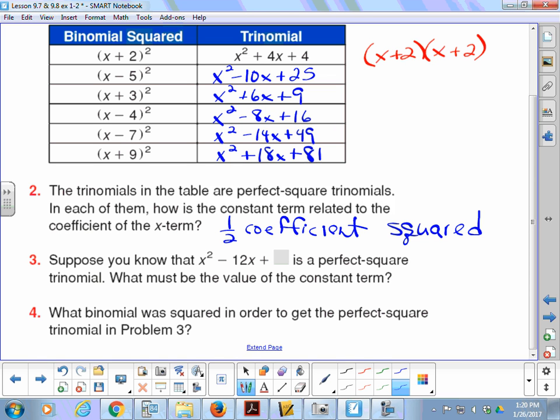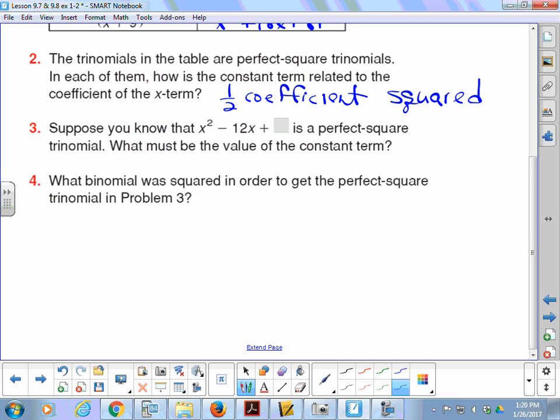So for number 3, Ben, what goes in that blank space there? 36. Okay, good. 36. So if I take x squared minus 12x plus 36, and I write it as a binomial squared, because this is what we're going to be doing with completing the square, what goes in the parentheses then?